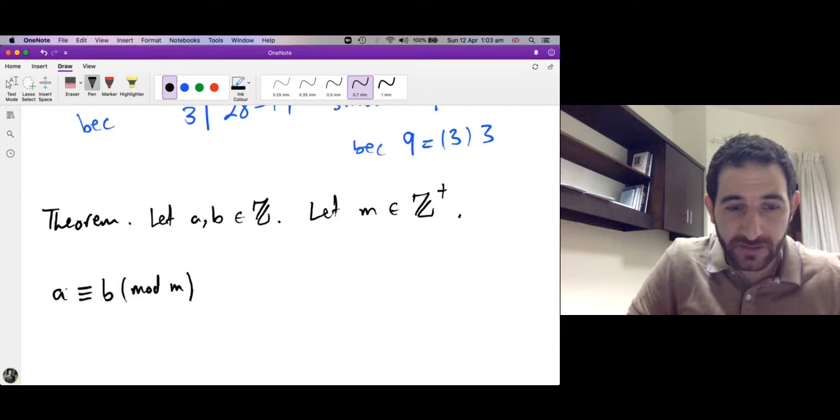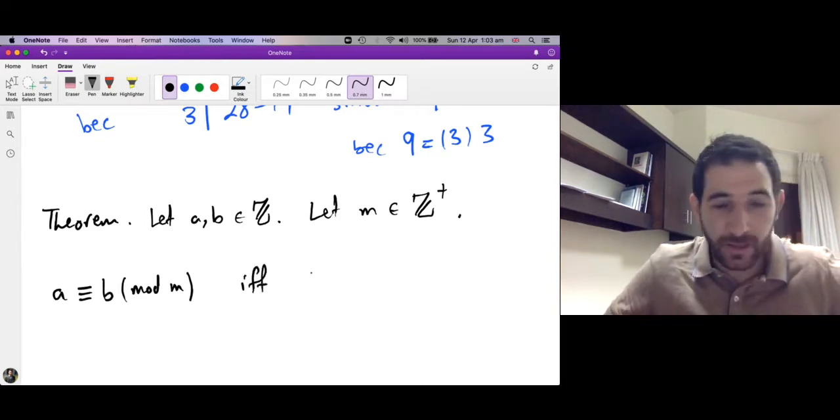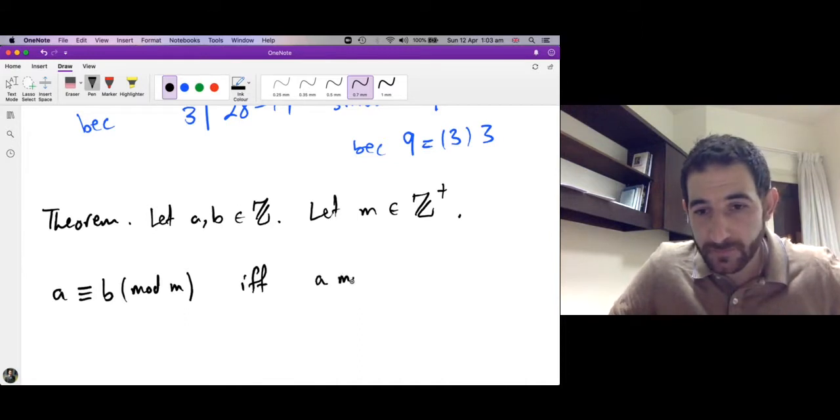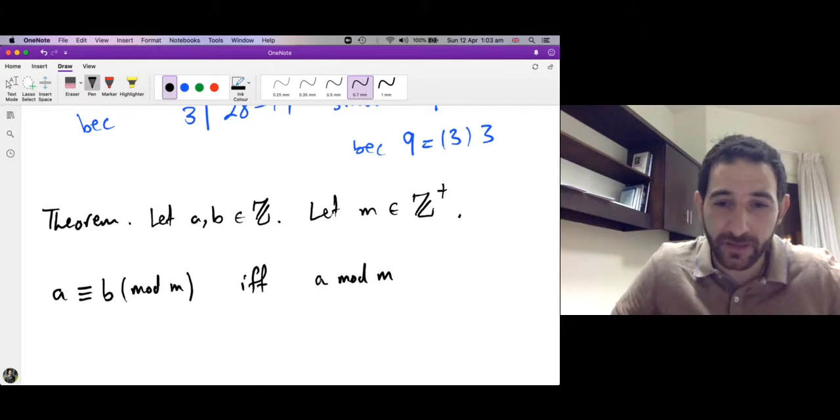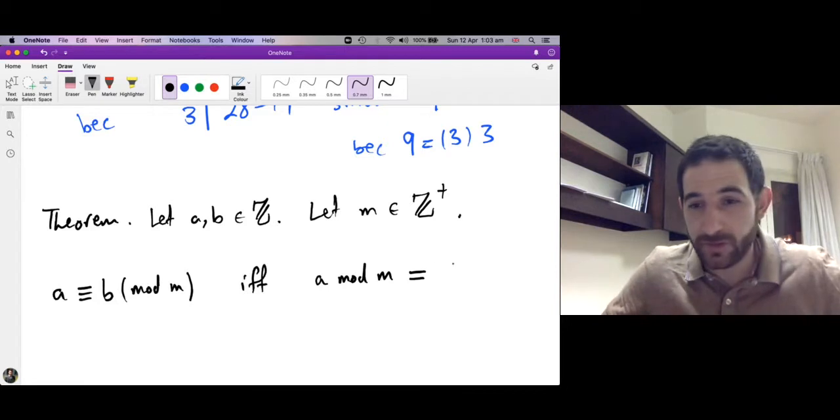That m divides a minus b if and only if a mod m. What is a mod m? Remember, we divide a by m using the division algorithm and we take the remainder. So this is the remainder of dividing a by m, and it is equal to b mod m.